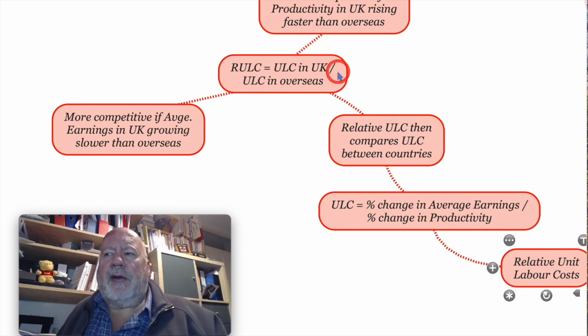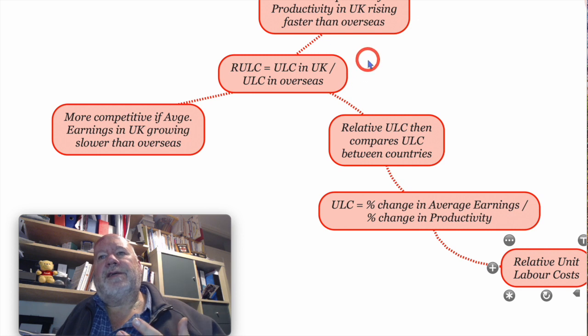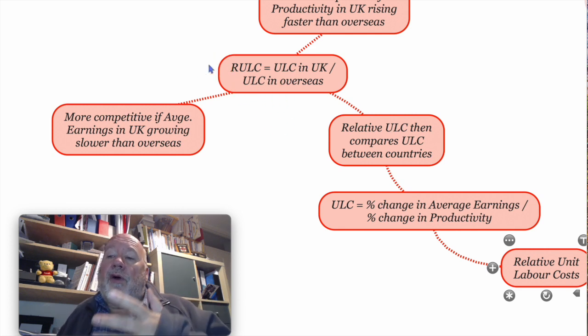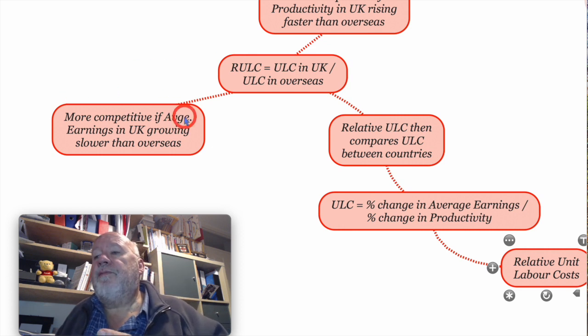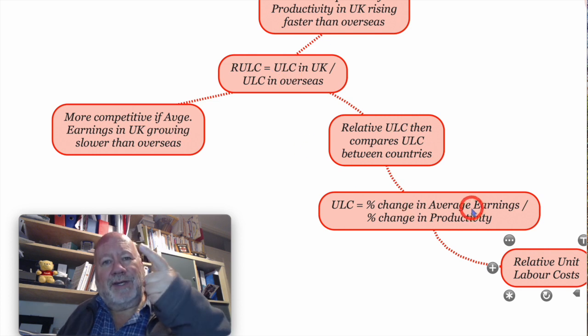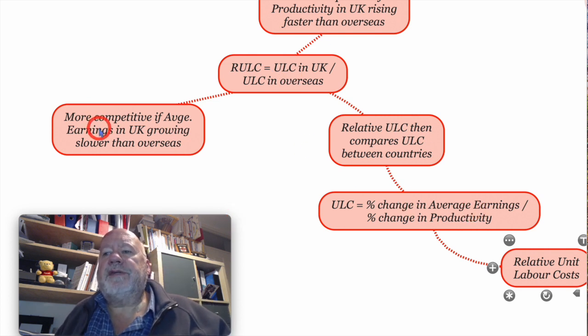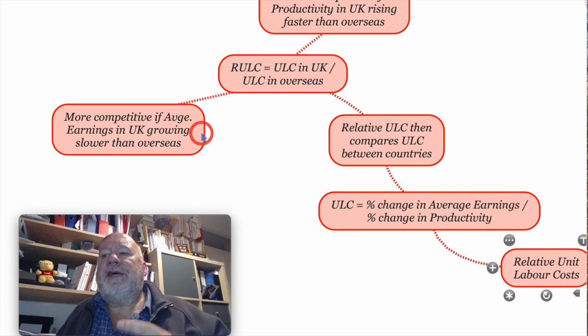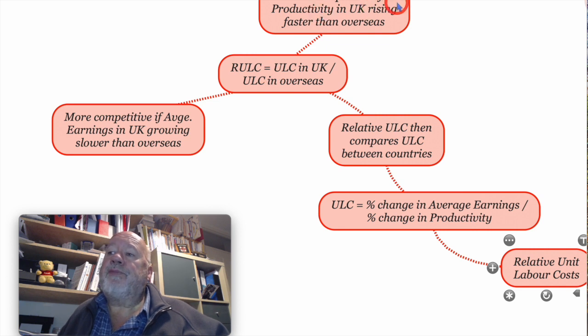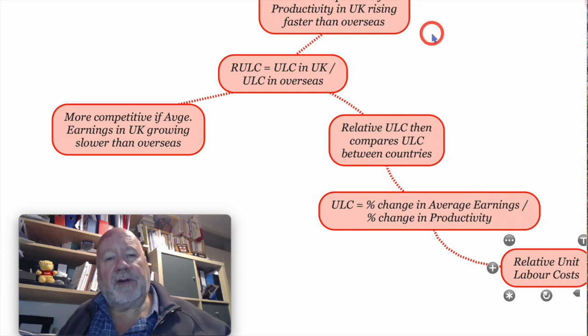So that means that if the unit cost is rising in the UK, the relative unit labour cost is rising compared to, say, an overseas country, and that makes us less competitive. So we are more competitive as a country if, when you look at the unit labour cost, which is made up of the earnings and productivity, our average earnings in the UK are growing slower than they are overseas, or our productivity is rising faster than overseas.